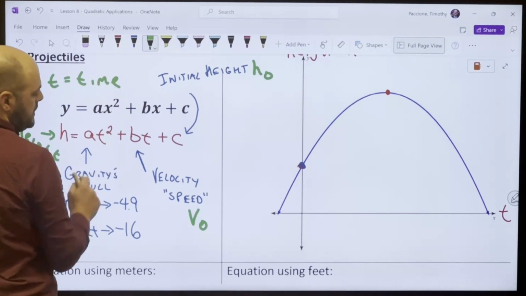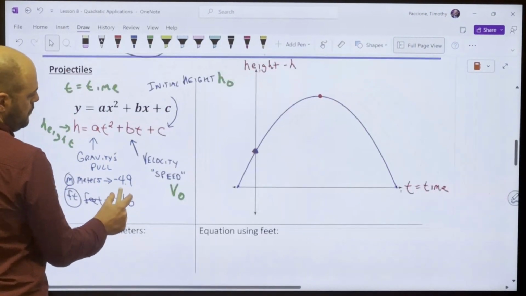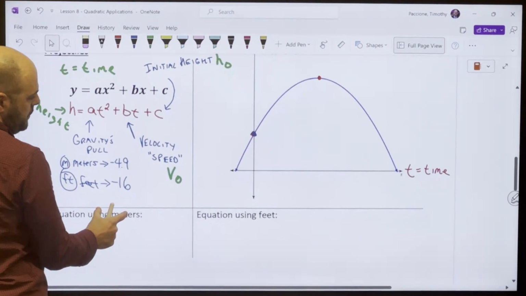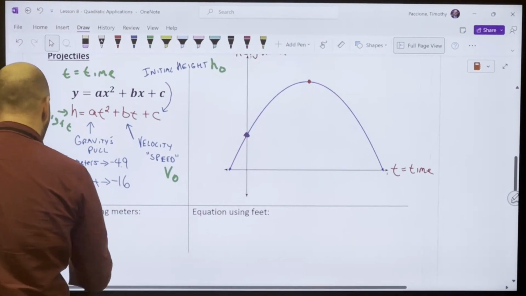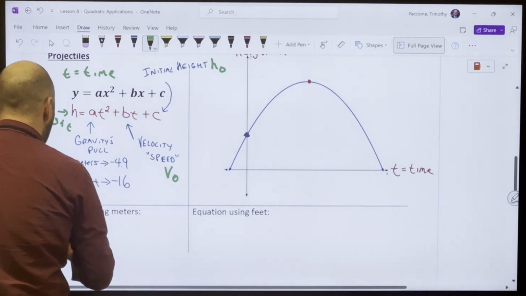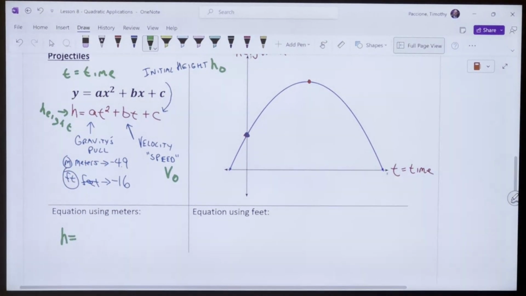All right, so let's rewrite this equation one more time, and let's do it for meters and for feet. So for meters, h will equal, what was our a value always when we had meters?